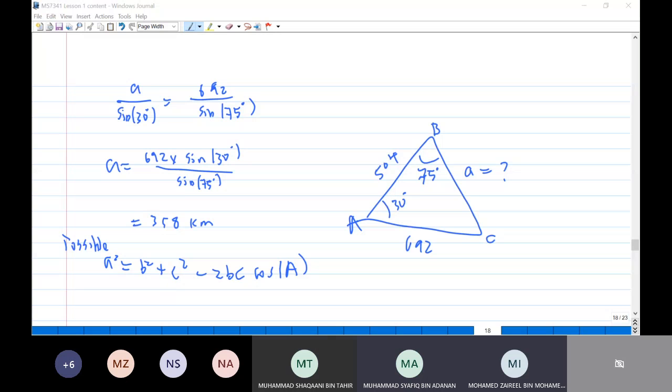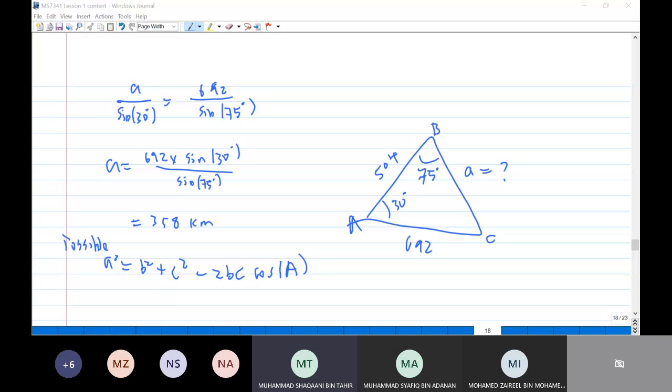I think the answer they rounded the figures, because our A we're supposed to get 75.3. Let's see what else. A is 30 degrees, right? Angle opposite is 30 degrees. A over sine 30, then 692 over sine 75, right?